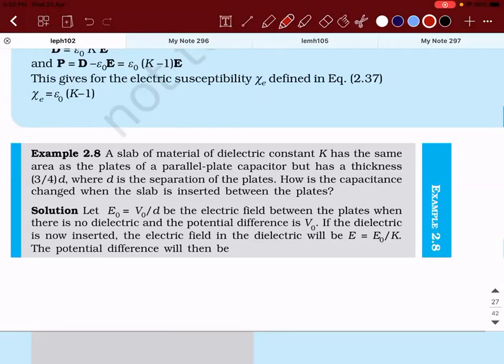How is the capacitance changed when the slab is inserted between the plates? Did anyone get the answer?